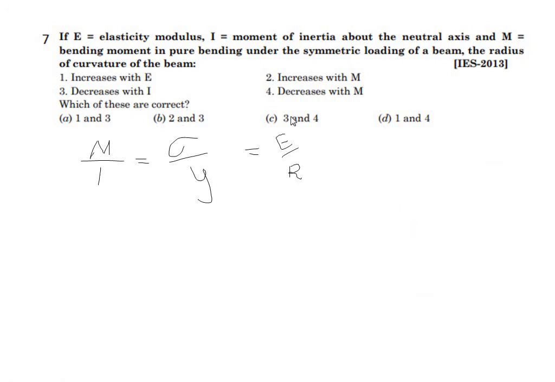Okay, so we know that if the bending moment increases, the radius of curvature decreases. So it is inversely proportional.